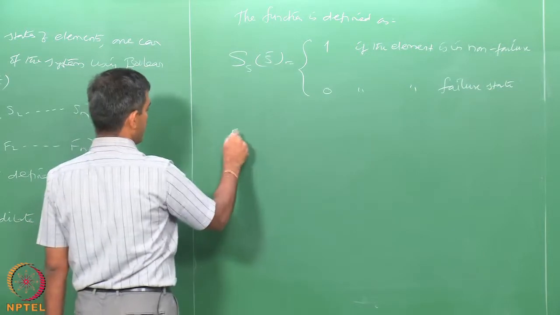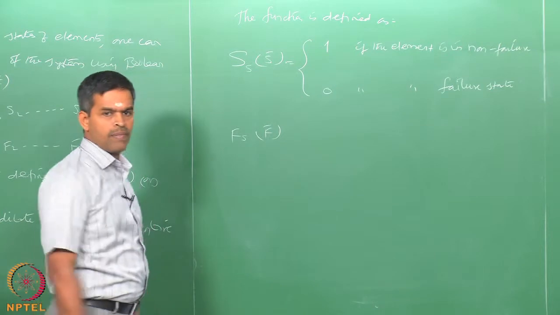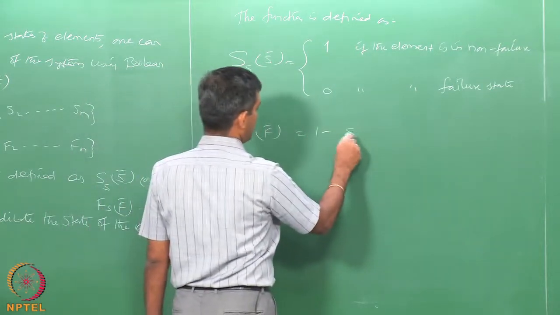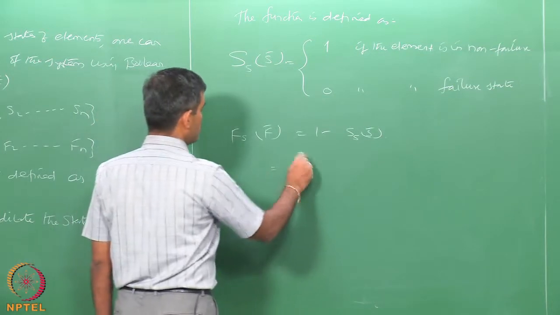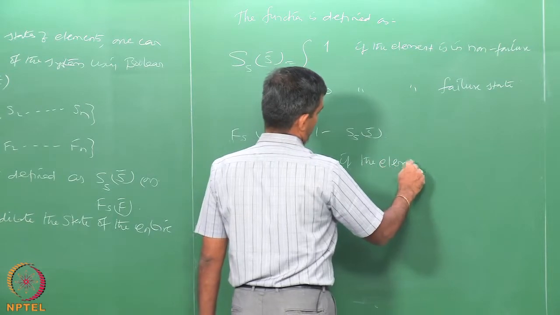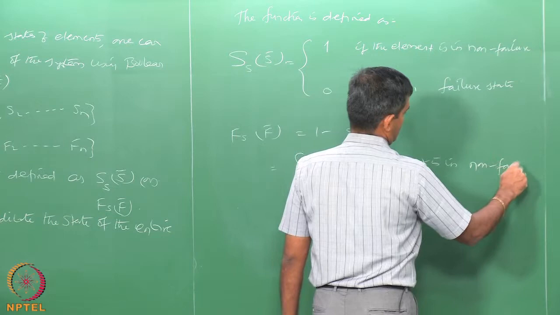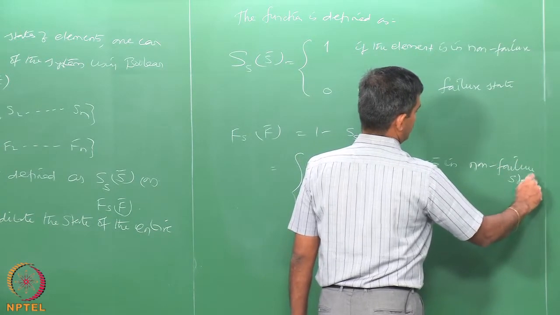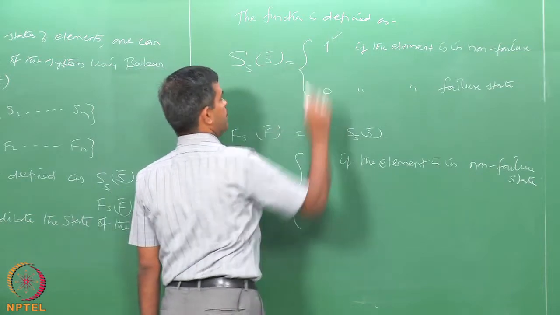Similarly, Fs(F bar) is 1 minus Ss(S bar), which is now 0 if the element is in non-failure state, because for non-failure state Ss(S bar) is 1.